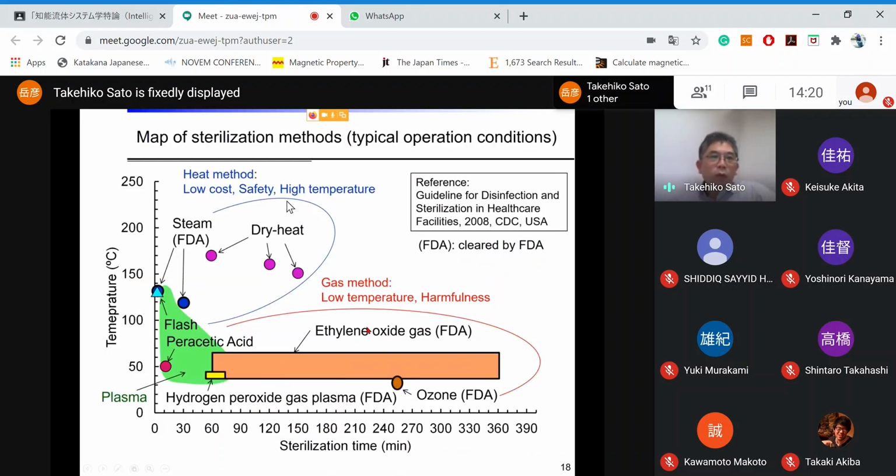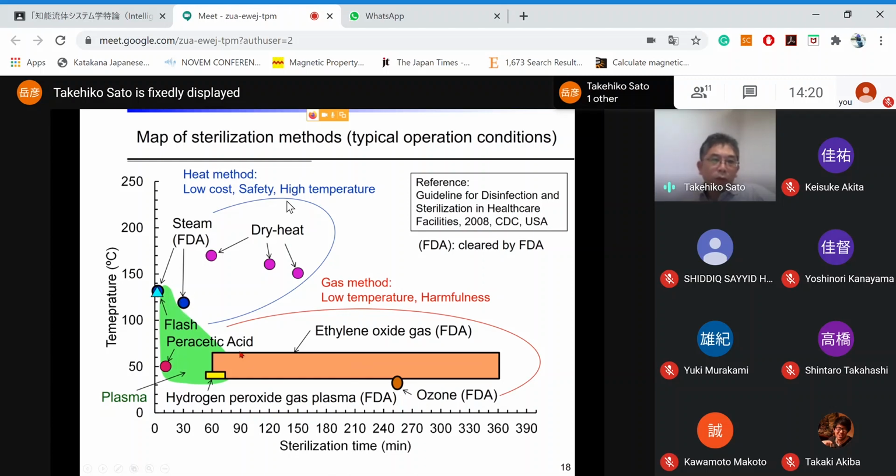And this is a map of sterilization. This is sterilization time, and this is the temperature. And of course, the steam case is a high temperature. So the autoclave case is around 120, in just 20 minutes, so around here.